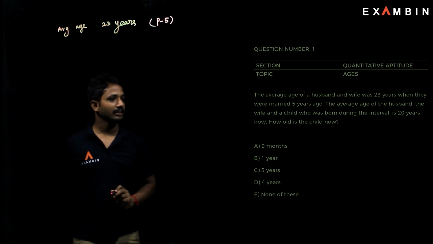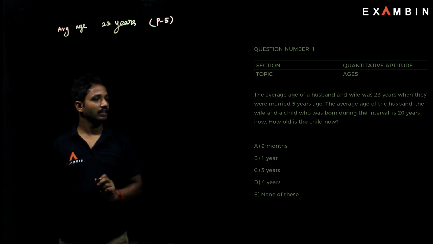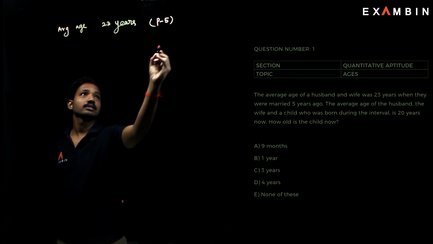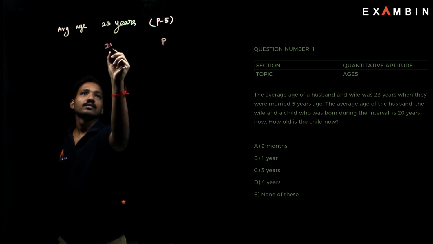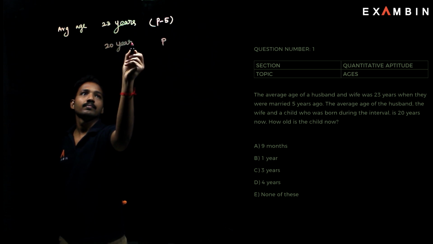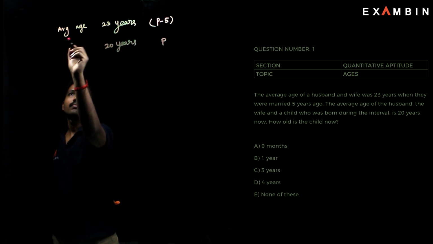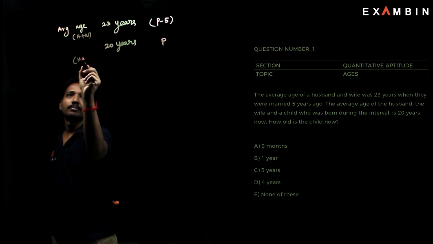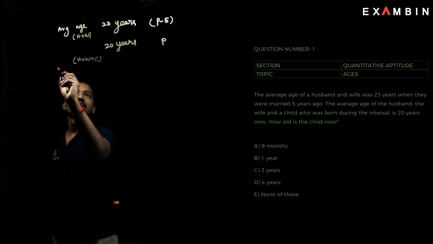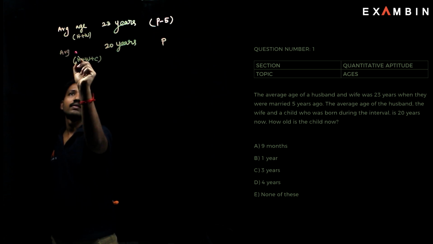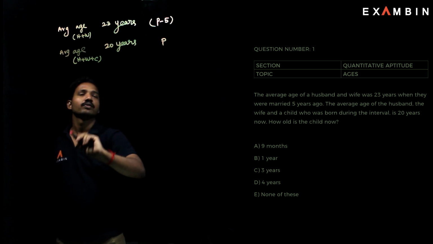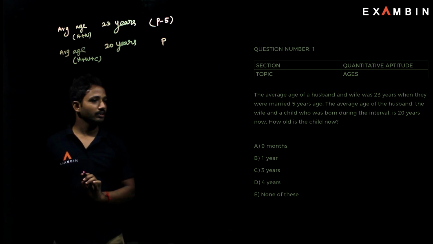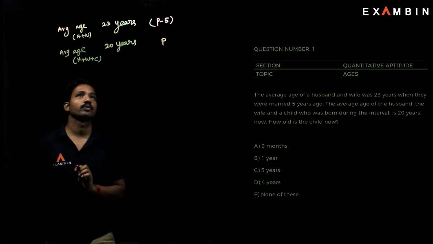And the second thing is the average age of the husband, wife, and child who was born during the interval is 20 years now. So at present, this is husband plus wife plus child, 20 years. So the question is, how old is the child now?